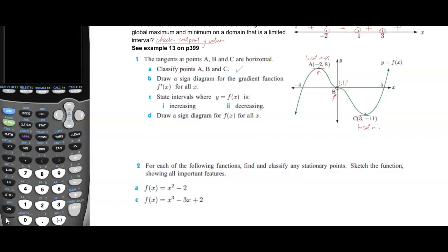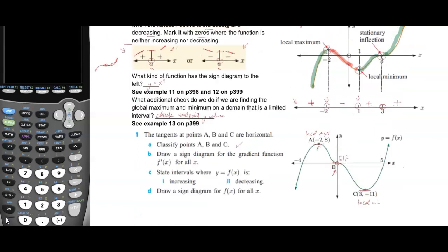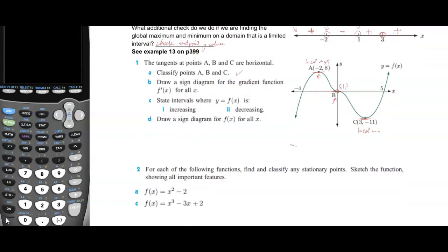Draw a sign diagram for the gradient function f dash for all x values. Okay, so we're going to do something similar to what we did above. It's going to be a slightly different sign diagram. To make the sign diagram, maybe it's helpful if I color in all the increasing portions with the green highlighter and all the decreasing portions with the red highlighter.